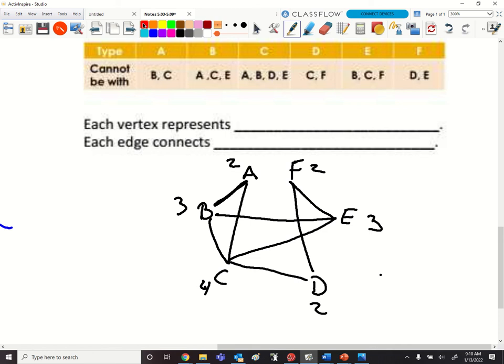So I start there. C is the highest, so I start there. So that C cannot connect to B, A, E, and D.